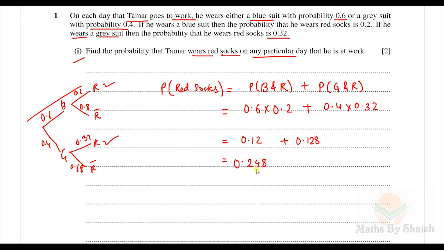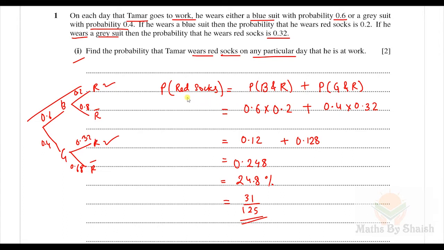We can write it in decimal, as a percentage, 24.8%, or as a fraction, 31 over 125. Any of the forms would be accepted. So that's the probability that he wears red socks.